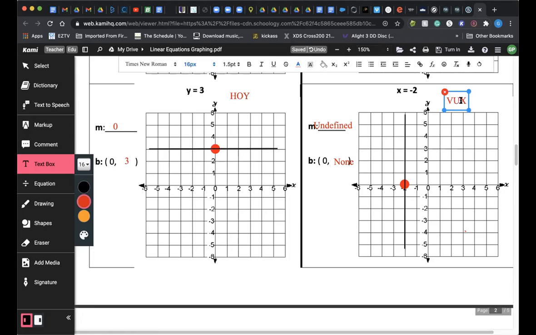Vertical undefined x equals. Hoi vux. Not that anybody's going to remember that, but horizontal means that you have a 0 slope and you have y equals, right? That's why it's H0Y.